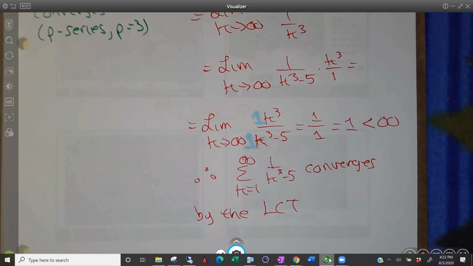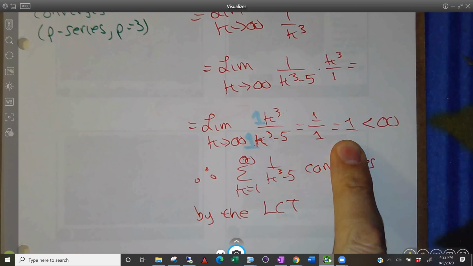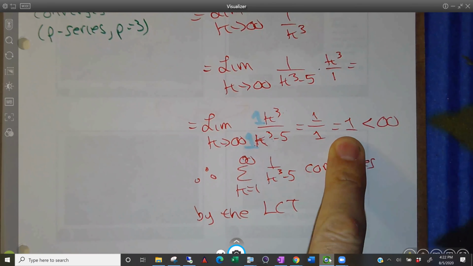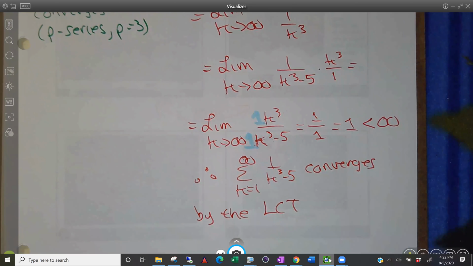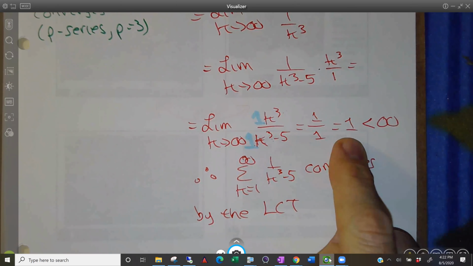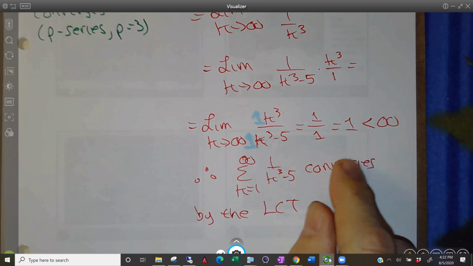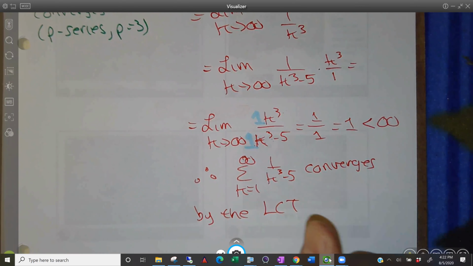I like this because it doesn't rely on you sitting there hemming and hawing, going, do I need it greater than or do I need it less than, etc. The one thing you've got to be careful of is that your limit isn't zero. If it's zero or infinity, you have to choose a different series. This has to be strictly some finite number in order for the limit comparison test to apply.